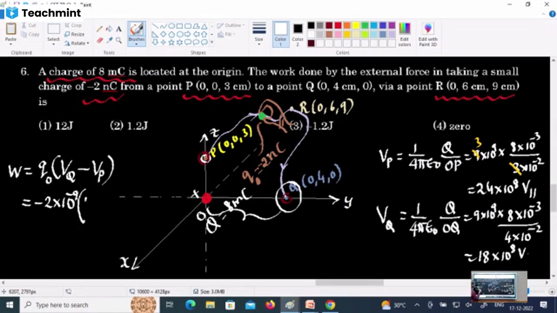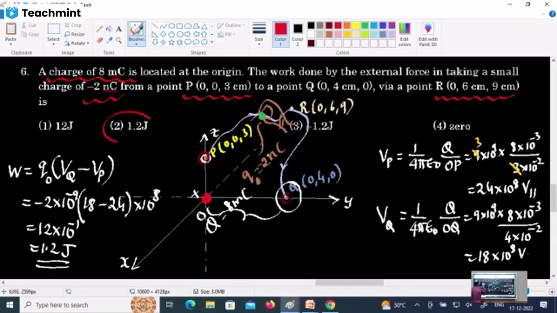VQ is 18 into 10 to the power of 8 minus VP, which is 24 into 10 to the power of 8. So 18 minus 24 is minus 6. Minus 6 times minus 2 is plus 12, 12 into 10 to minus 1. So 1.2 joules. So the answer is the second one.